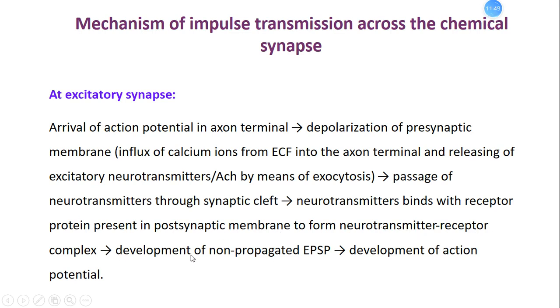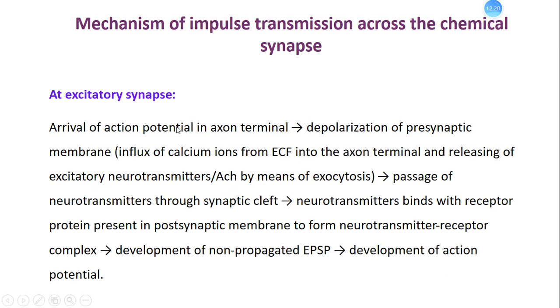After that, we will have a non-propagated EPSP. This is a local potential, not a real action potential. Then, when many neurotransmitters come and combine with lots of receptor proteins, it will generate a real action potential.